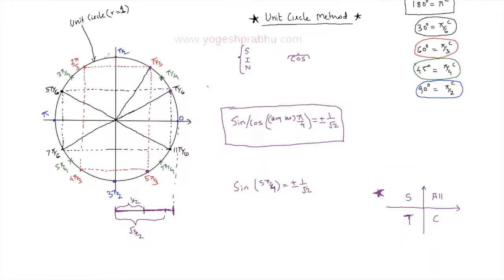Pi by 4, 3 pi by 4, and 5 pi by 4 is over here. And which quadrant is 5 pi by 4 in? It's in the third quadrant, and in the third quadrant only tan is positive as per this diagram here. So if tan is positive, the sine value has to be negative. So now this answer is going to be minus 1 by root 2. So for pi by 4, it is even easier. Okay, so that's how this is done.